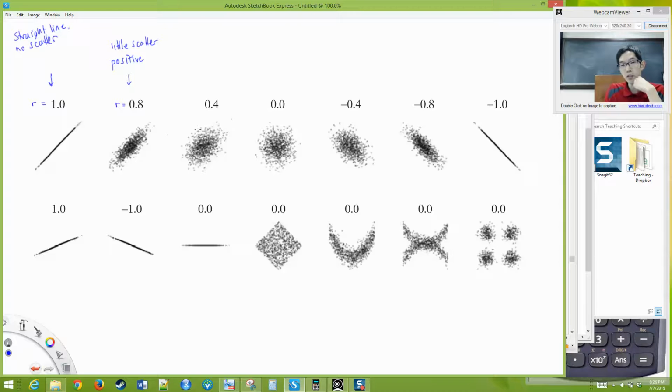And you can see as there gets more scatter, but overall still we would say there's a positive trend.